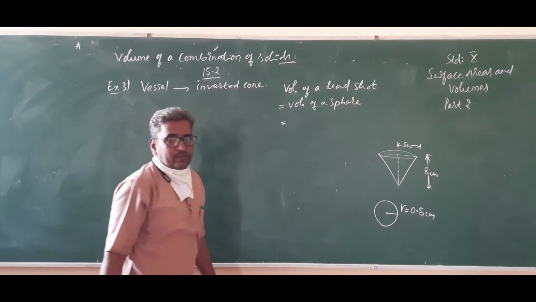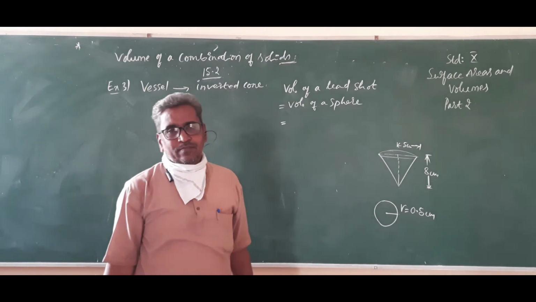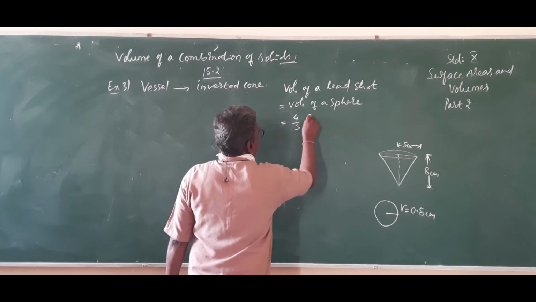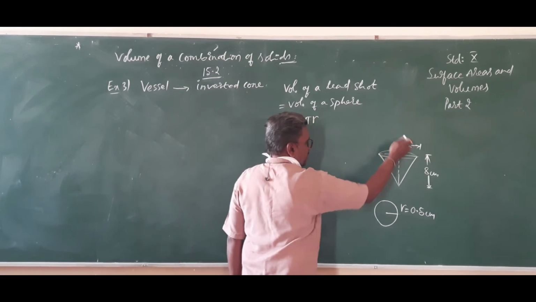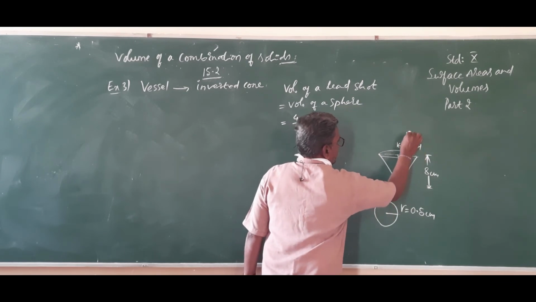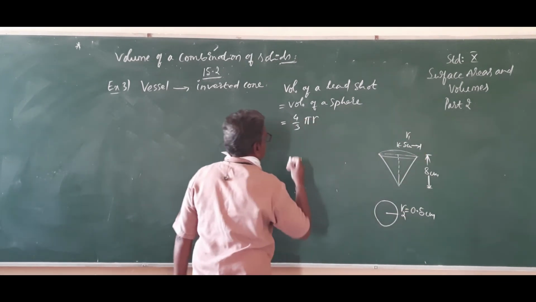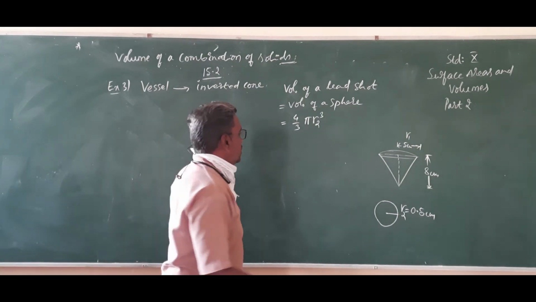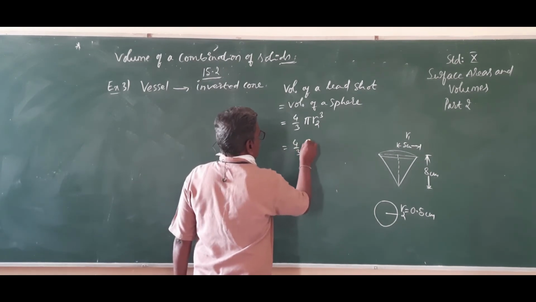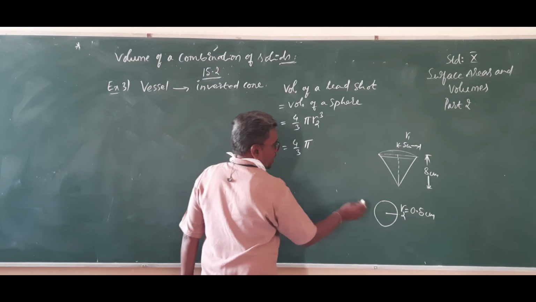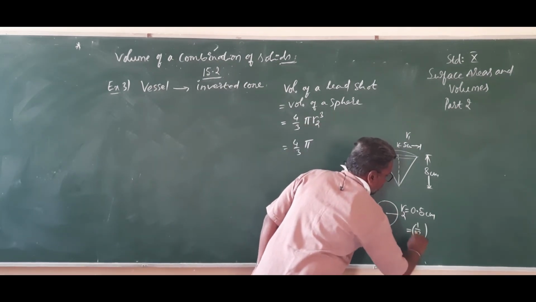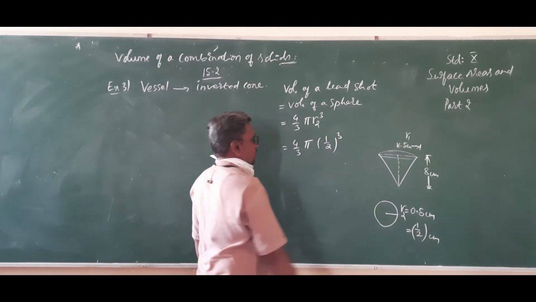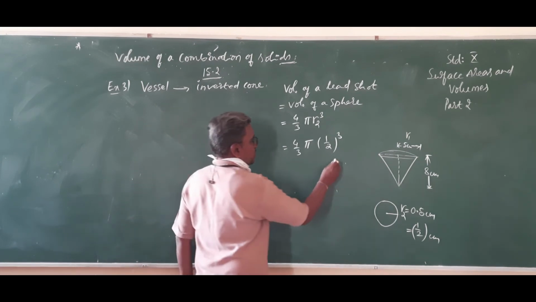What is the volume of a sphere? Two-thirds plus two-thirds, that is 4 by 3 pi r cubed. Here the radius is different, so take r1 for the cone and r2 for the sphere. Volume of sphere is 4 by 3 pi r2 cubed, with r2 equal to 0.5, that is 1 by 2, so (1 by 2) cubed.